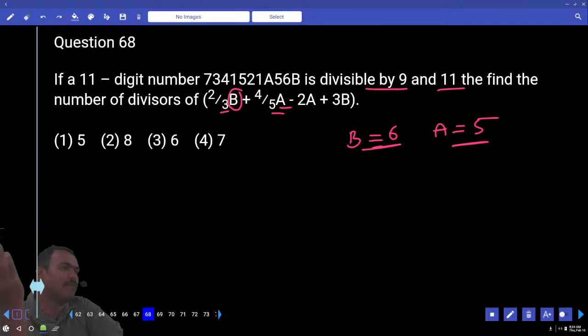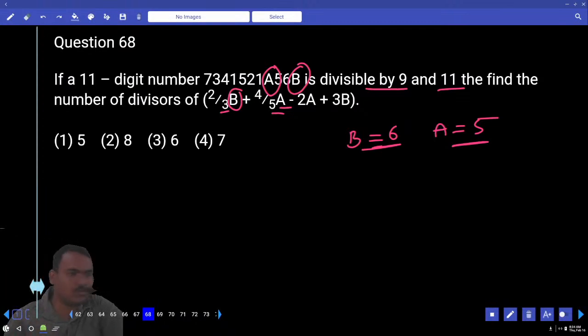We consider the difference 11, because with 0 we get negative values for A and B. But A and B values must be positive, so the difference must be taken as 11. Solving this, we get B value 6 and A value 5, and both conditions are satisfied.